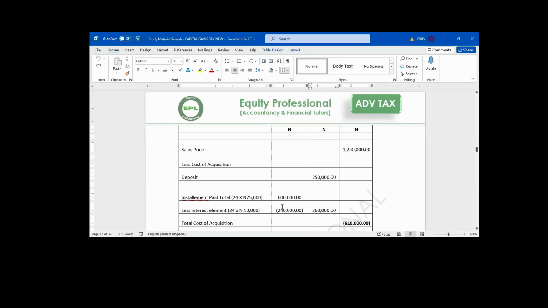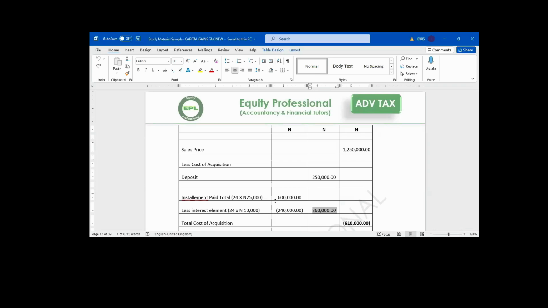When you subtract 240,000 from 600,000, you get 360,000. When you add 360,000 to the deposit, the total cost of acquisition after 24 installments will be 610,000. We can also say 15,000, the cash installment, times 24, and we still get 360,000.